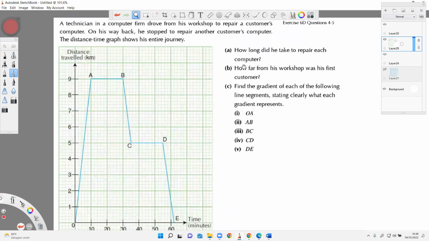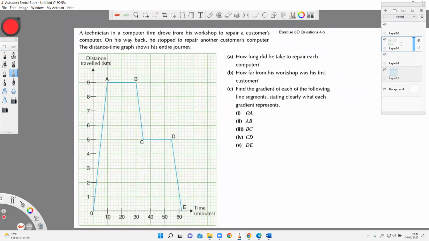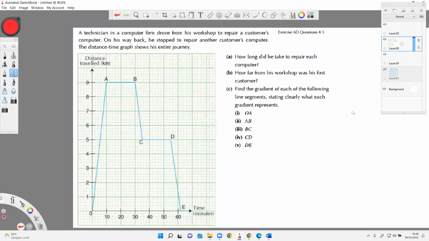Can you? Read the question first. A technician in a computer firm drove from his workshop to repair a customer's computer. So where is the line that shows that he repaired a computer?